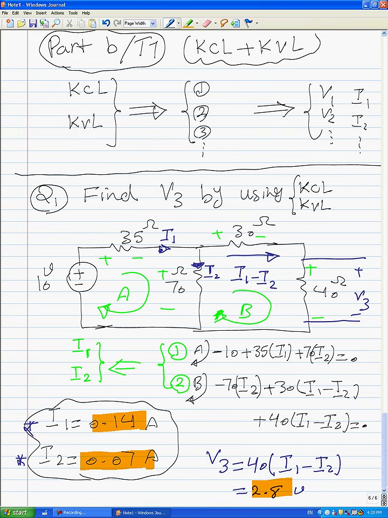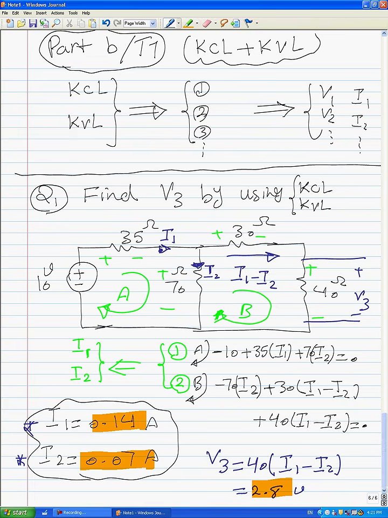To summarize, KCL and KVL can be applied together to any circuit to determine equation systems.